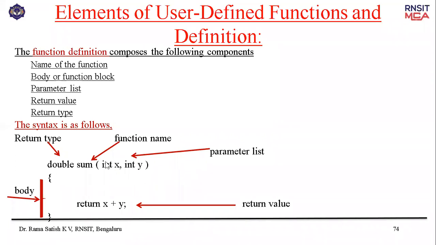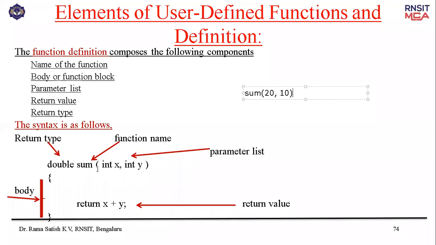So here you call it a parameter. If the same thing is there with the calling of the function, so I call the function like this. In the main, I call the function sum of 10, comma 20, 20, comma 10. So these are arguments.